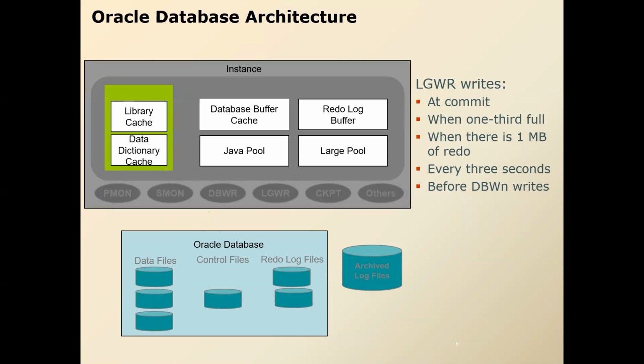Goldengate processes read the data from these transaction logs, capture the changes, and then those get applied on the target database.